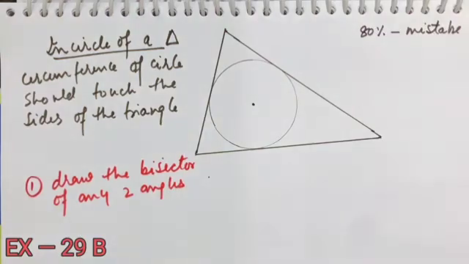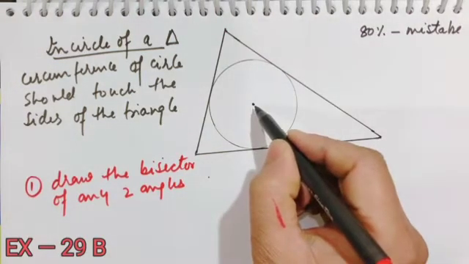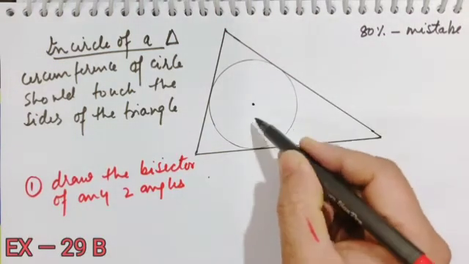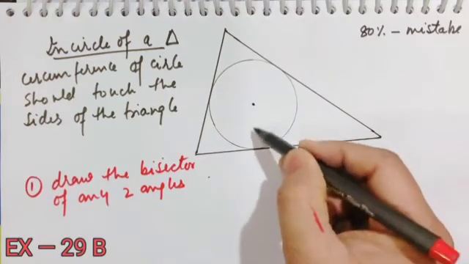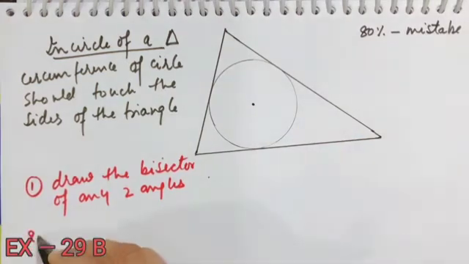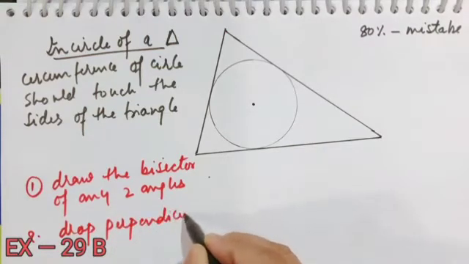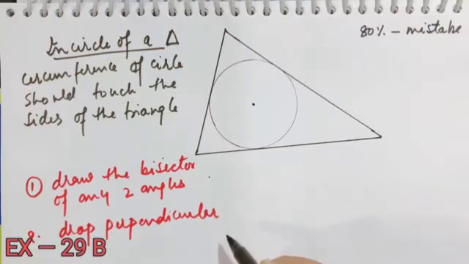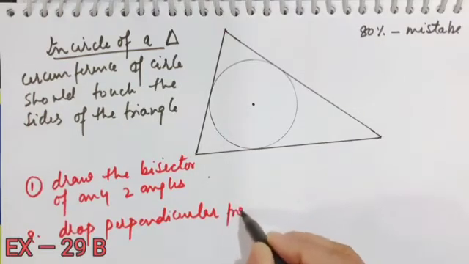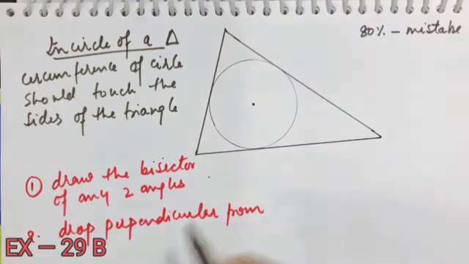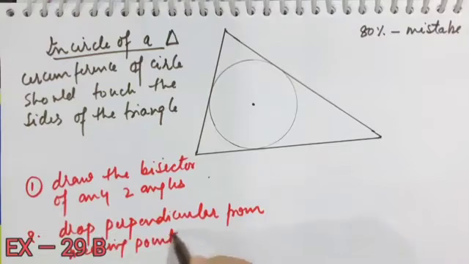Okay, और जो मीटिंग पॉइंट ऑफ बाइसेक्टर है वहां से ड्रॉप द परपेंडिकुलर. एक यहां से परपेंडिकुलर मैं ड्रॉ करूंगा. नंबर 2, ड्रॉप परपेंडिकुलर, कहां से? फ्रॉम मीटिंग पॉइंट ऑफ बाइसेक्टर ऑफ एंगल्स.